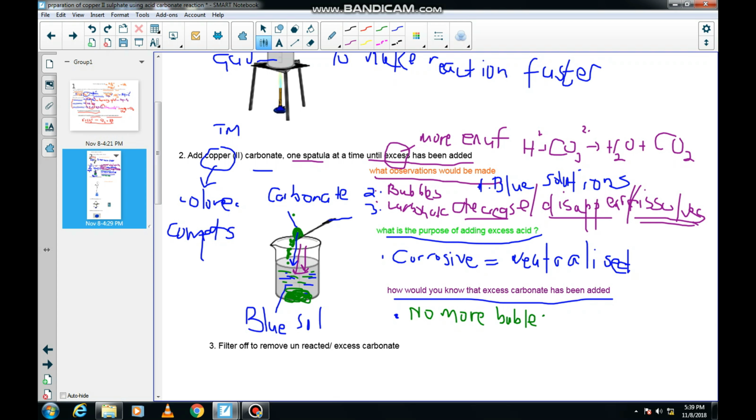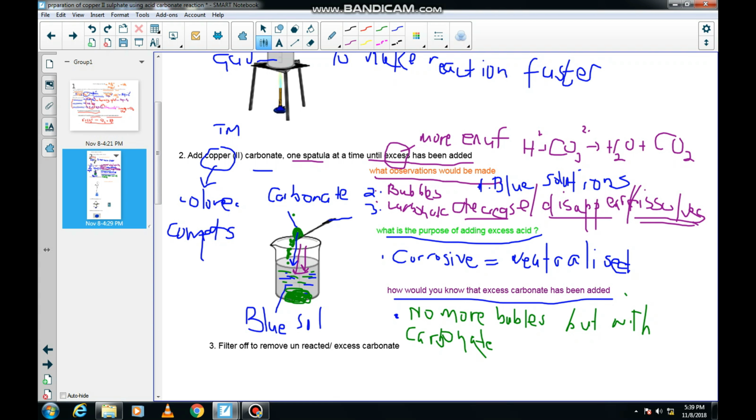So we will know that we have added excess when we observe no more bubbles, but with some carbonate settled at the bottom of the beaker. If we do not have any carbonate here, then we can conclude that there is no reaction taking place, because there is no other reactant to react with the acid.